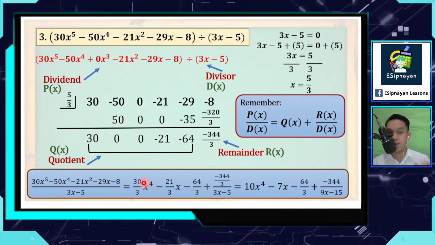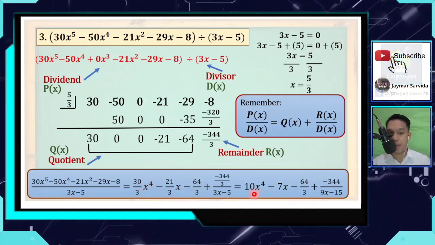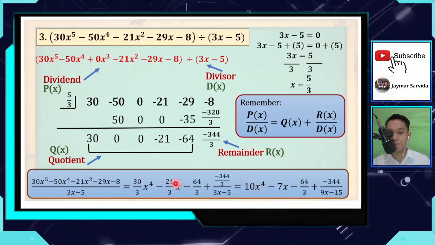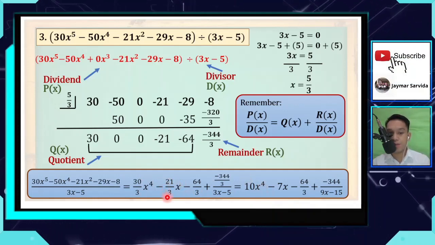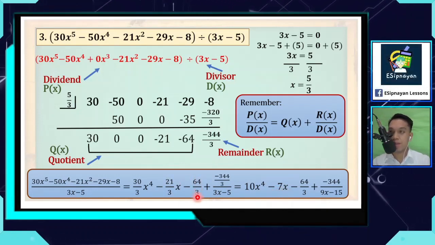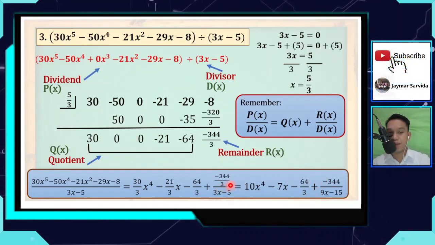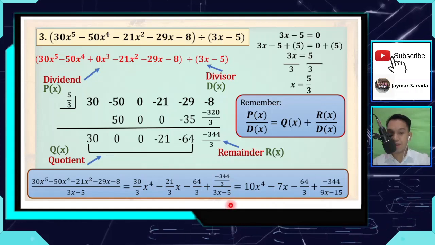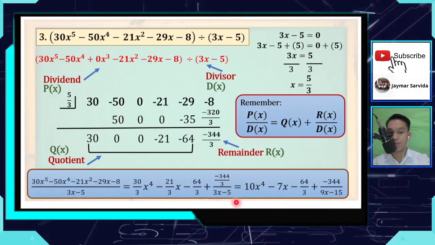So, 30 divided by 3 is 10x raised to 4. 21 divided by 3 is 7x, so minus 7x. Then, 64 divided by 3 is not divisible by 3, so just copy it: minus 64 over 3 plus negative 344 over 3 times 1 over 3x minus 5.